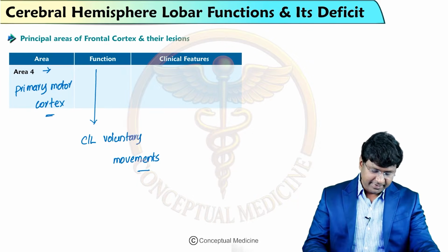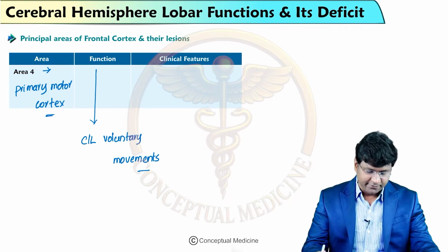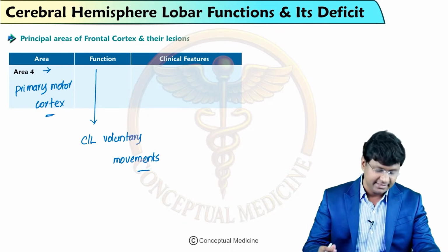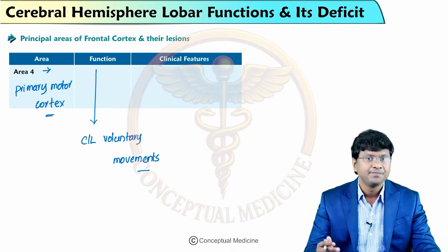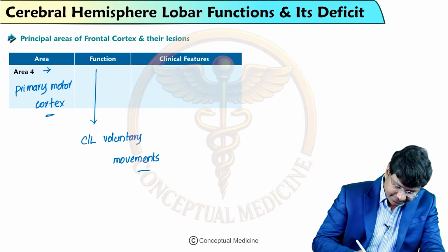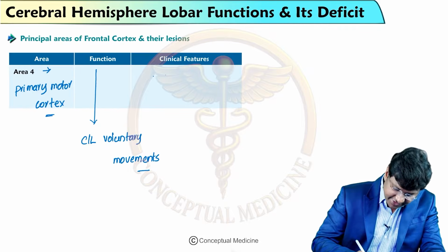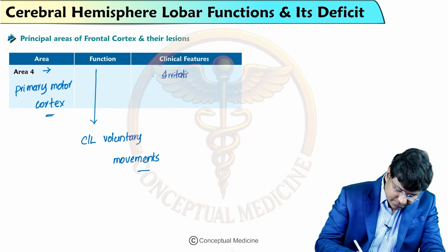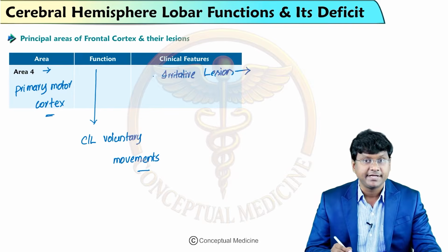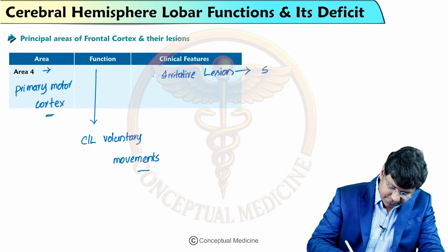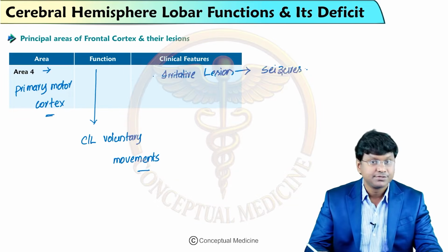And what will be the clinical features of this particular frontal lobe involvement? If area number 4 is damaged, what will be the clinical features? See, if it is an irritative lesion, that will cause seizures.